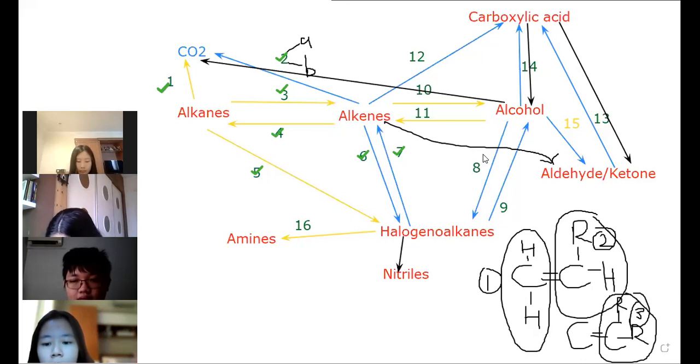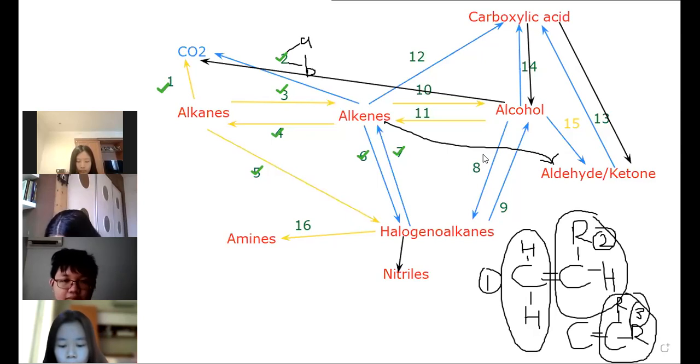What are the reagents, Nathan V? Halogen itself, are you sure? No, in the last slide of the halogenoalkanes PPT, alcohol becomes halogenoalkane. All right, then it appears that I was wrong.